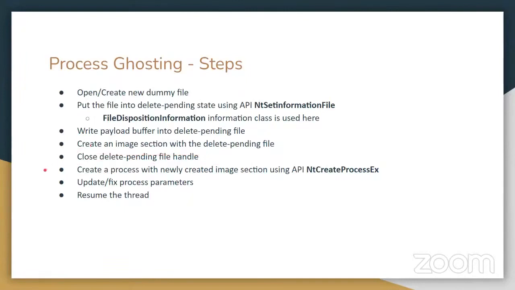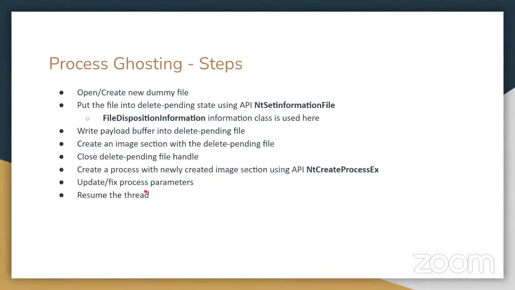And after that, we will be doing the same thing which we did in process doppelganging: creating the process using the image section and updating and fixing the process parameters. And after that, we will resume the thread. While resuming the thread, we were facing the issue in process doppelganging.